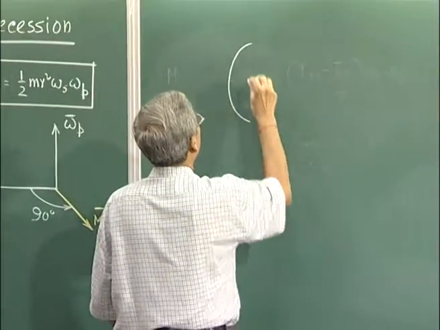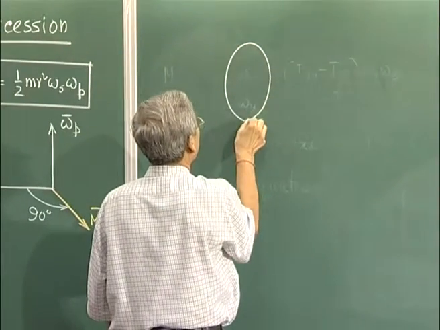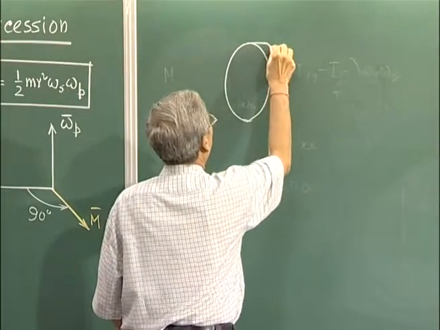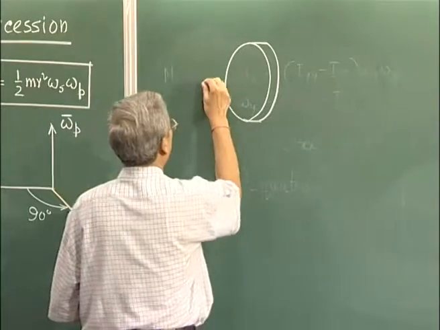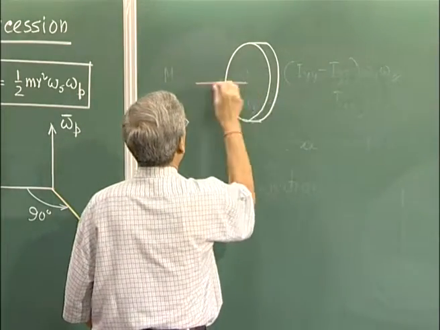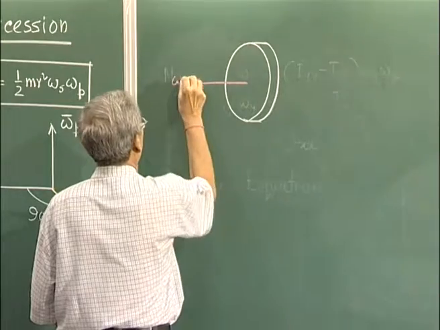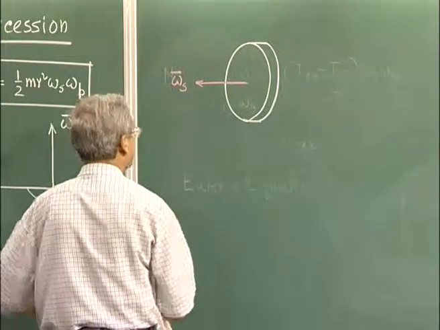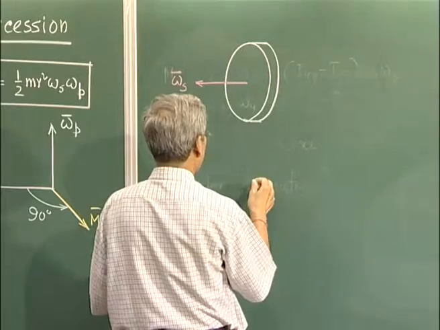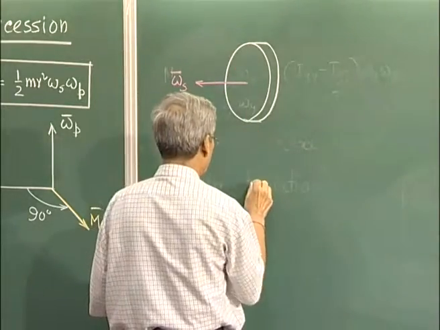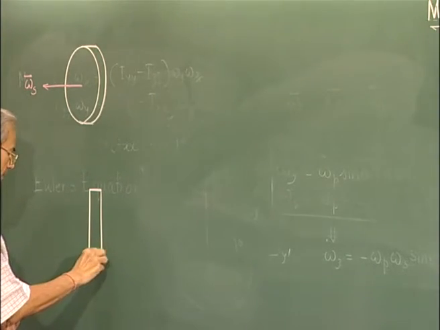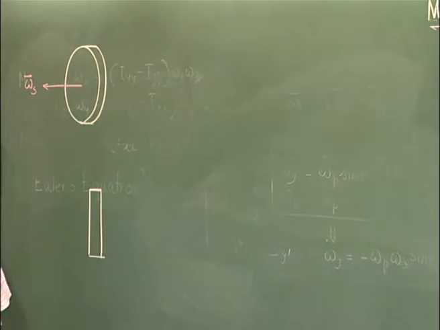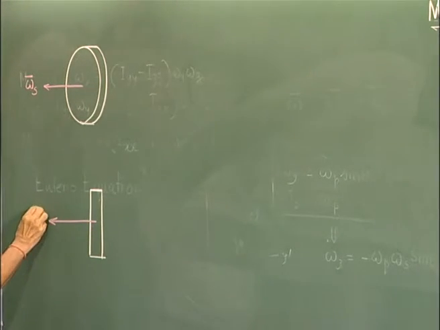So, this is the flywheel or disc, whatever we may say, which is spinning in this direction. If you take a plan view, we can show this as the disk, and this is the spin vector.